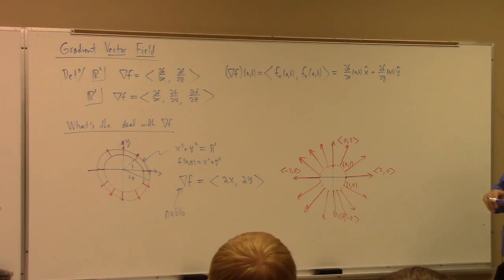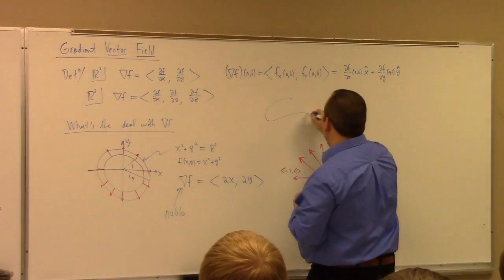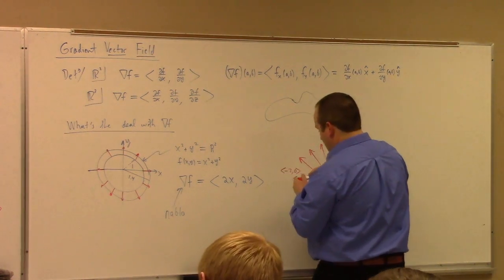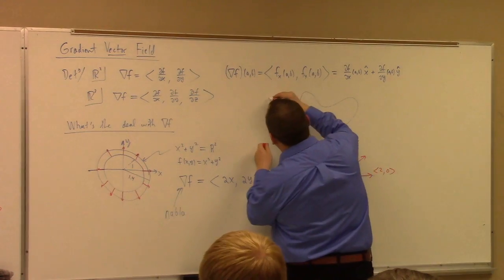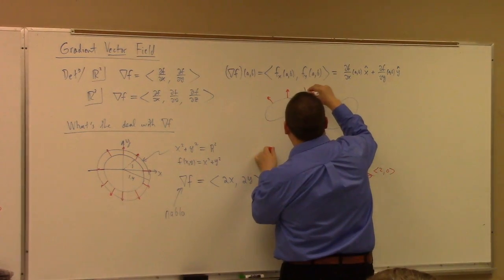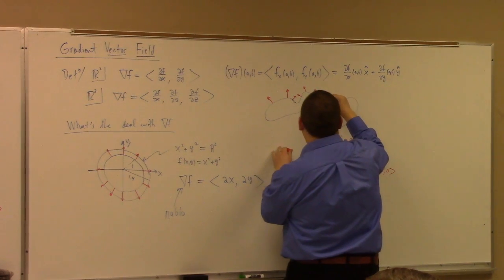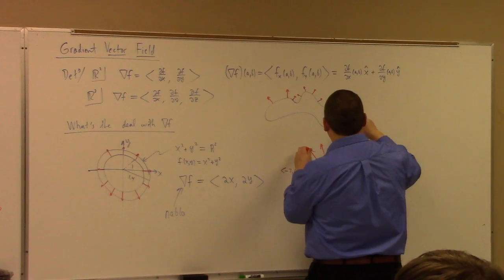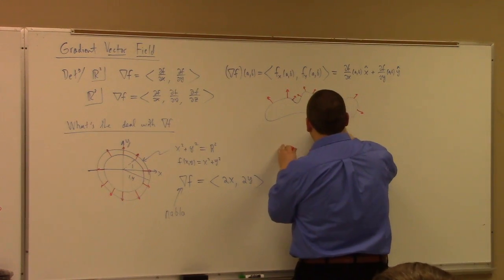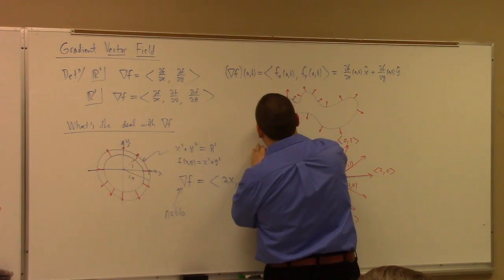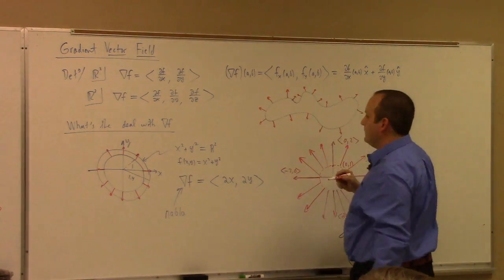If you study a level curve, like this one, then the gradient vector field will point normal to it. These are supposed to be normal. And not just that, it tells you the direction you need to go off the level curve in order to do what? In order to go to the next level. What do you mean by level?